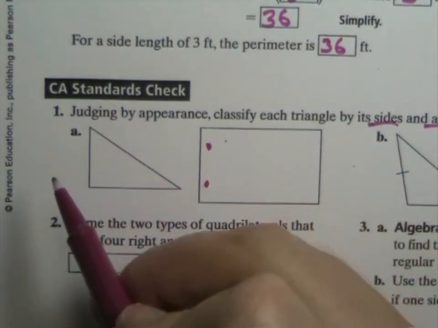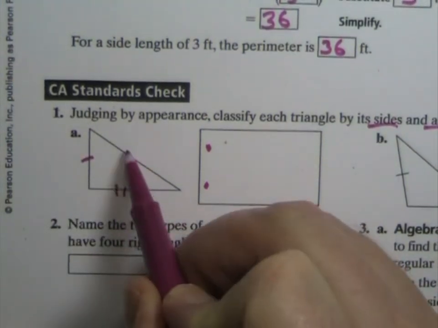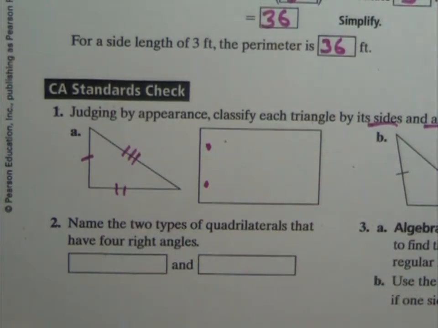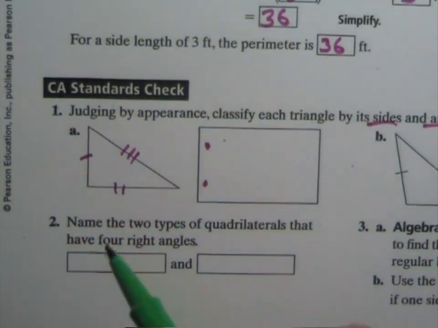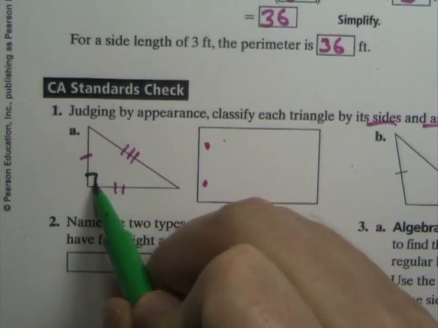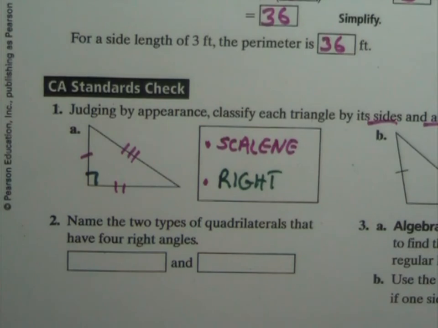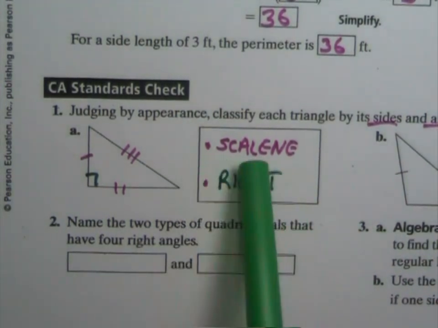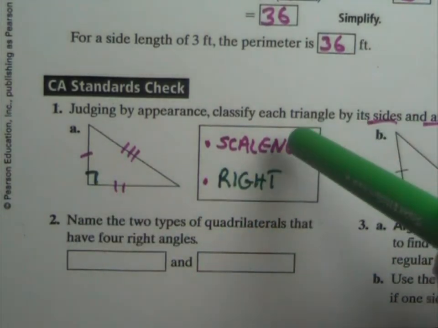Okay, so observing this, looking at the sides of it, they all look a little different to me. All the sides look different. And then if I look at the angle, this looks like a right angle to me. So I'd have to say it's a scalene and right triangle. This is going by the sides.